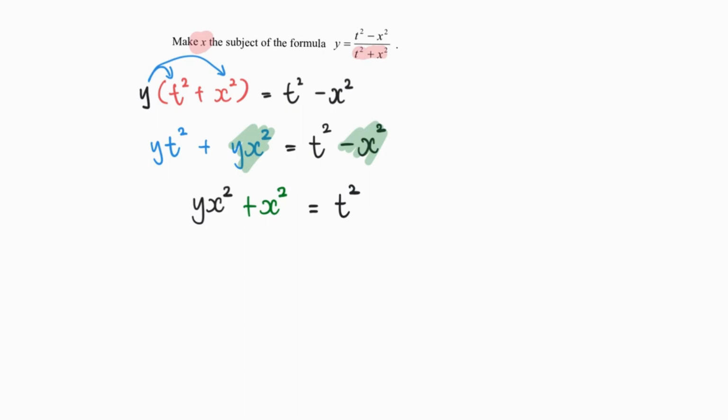Then, I saw there's still a yt squared here that does not have an x, and it is positive, so I'm going to minus yt squared on both sides.